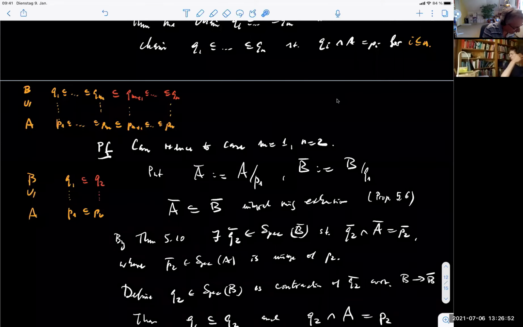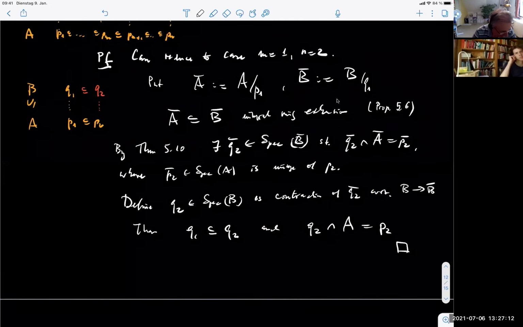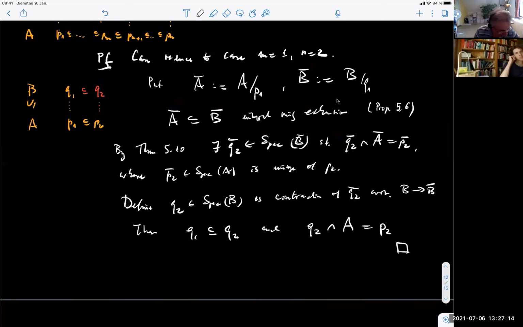Okay, that's it. I just checked the statement: for the going down, you need to know that the smaller ring A is integrally closed. Then it works. But also the proof requires some field theory, which you may not know, maybe the trace of a field extension. So I skip it.